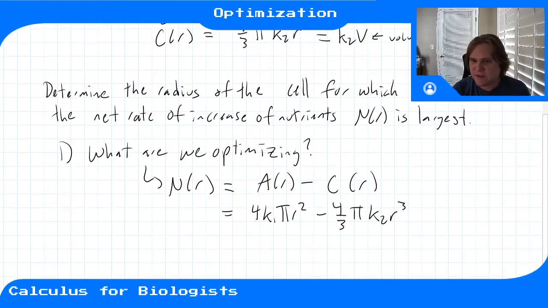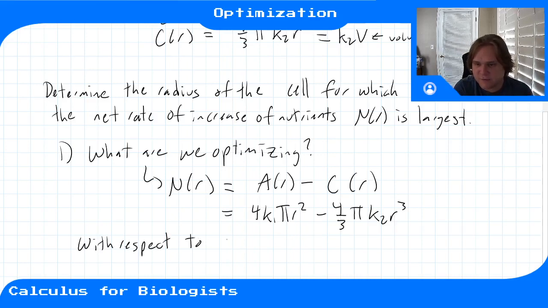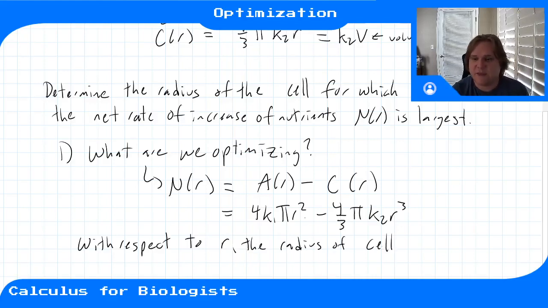We want to optimize this N of r function with respect to r, the radius of the cell. We want to find the cell radius that maximizes N of r. We're not looking for a minimum, we're looking for a maximum.